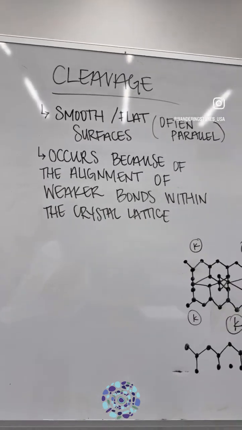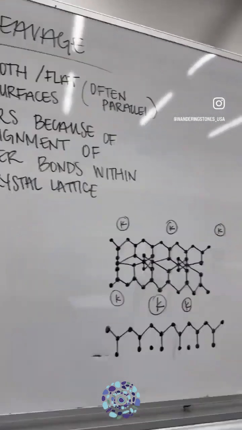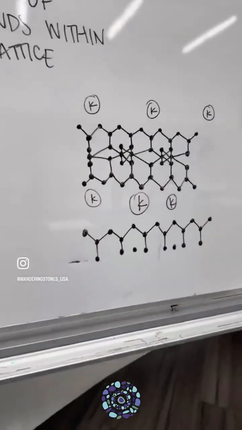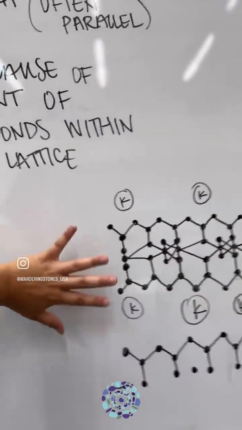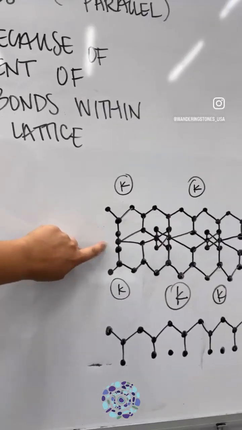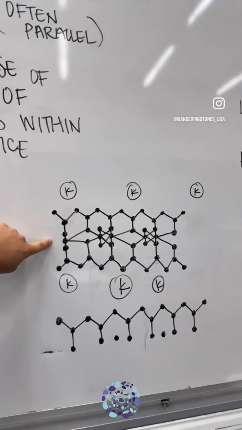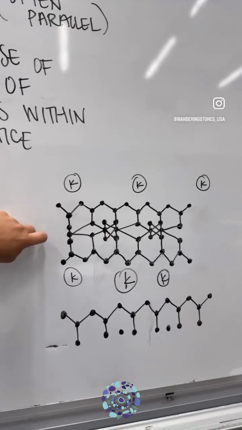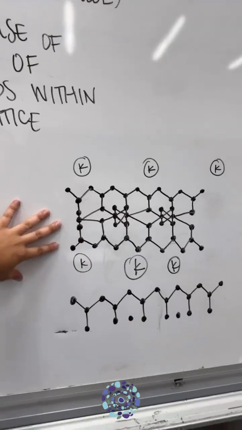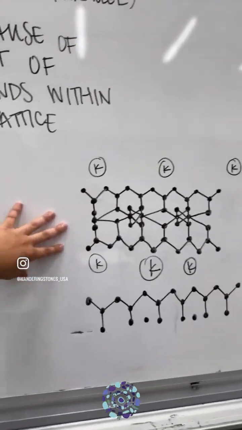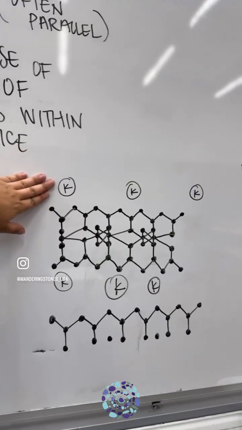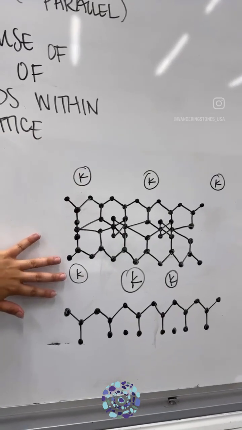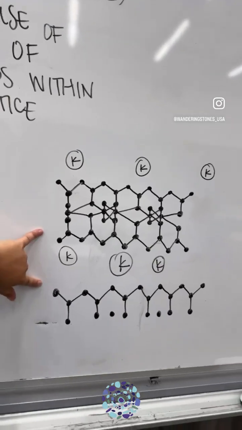What does that mean? So here is a very crudely drawn diagram of muscovite mica that I've drawn. You can see in this muscovite mica, there are these very strong chains of silica and oxygen and whatever else is in there. I can't remember the third one. There's a couple. It's mostly silica and oxygen. And then you've got these large bonds of potassium that link these sheets together.